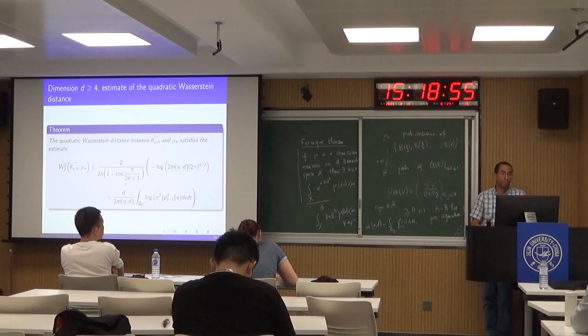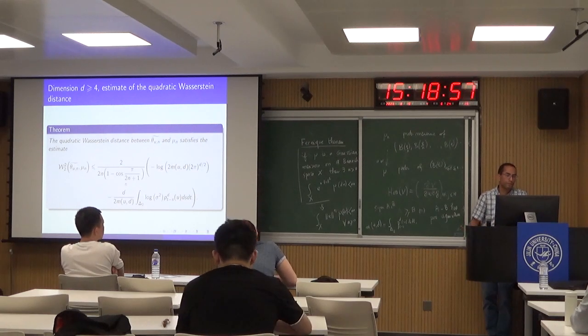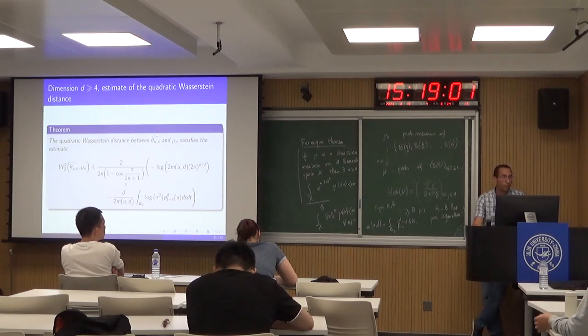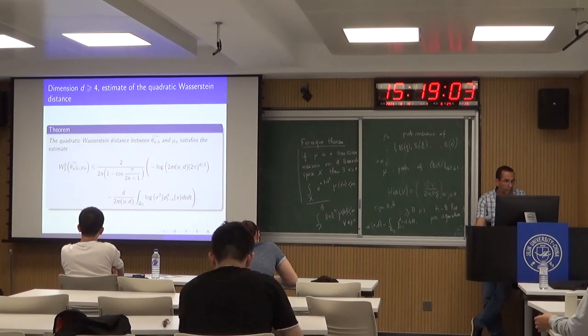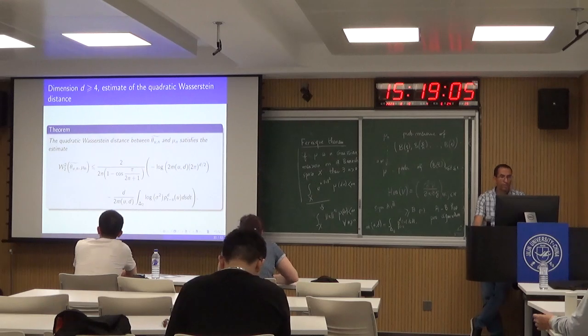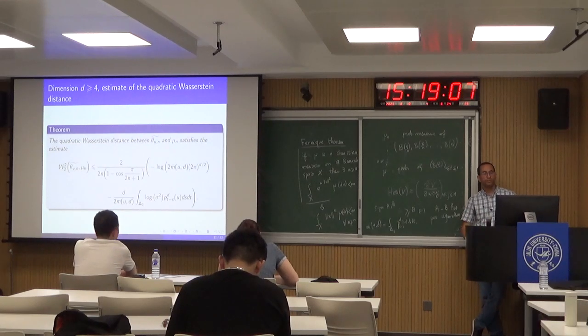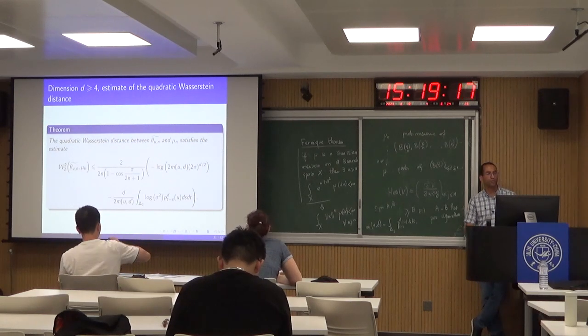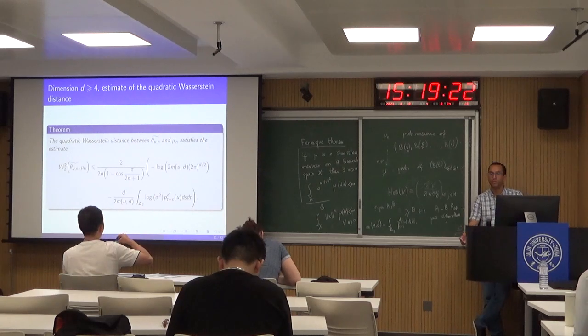Maybe this seems not to be a good thing, but one should take into account that when n tends to plus infinity, one of these two measures will tend to theta u, and the other will tend to mu. So the limit will be like the Wasserstein distance between the measure theta u and the Wiener measure.